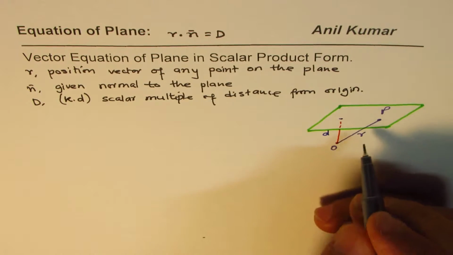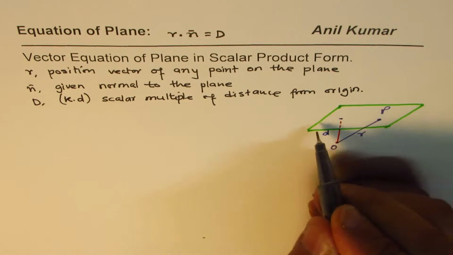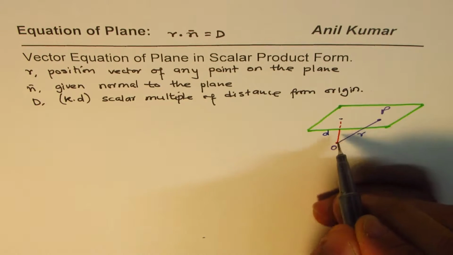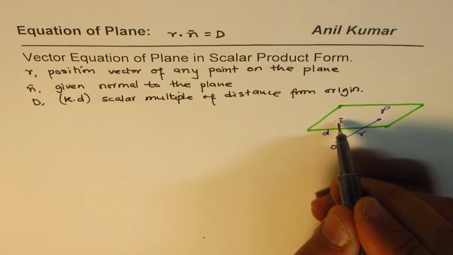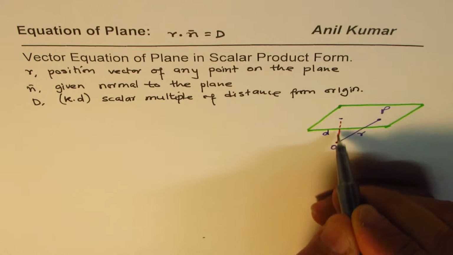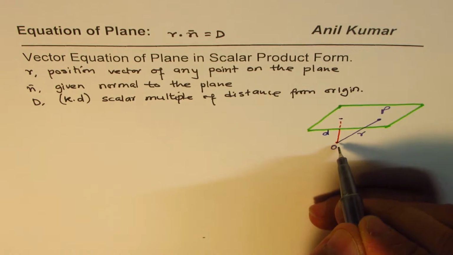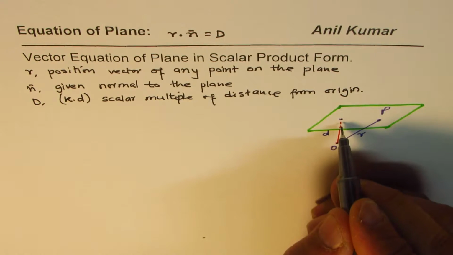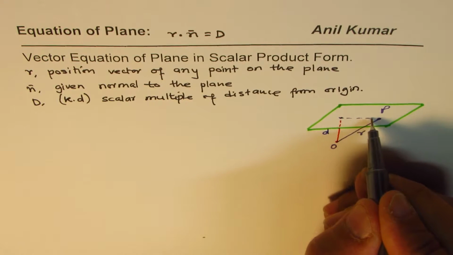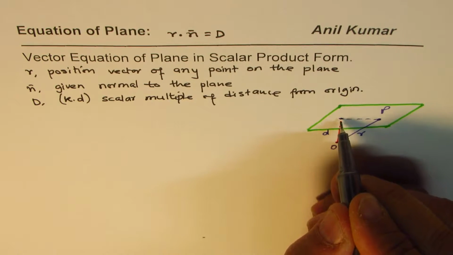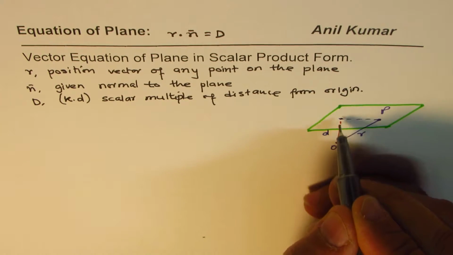As you can see, any point on this plane will be related to the distance from the origin and this normal vector. That's the whole idea. To derive it, let us connect this point. This is called the foot of the normal on the plane.